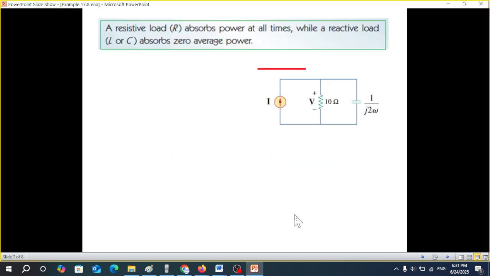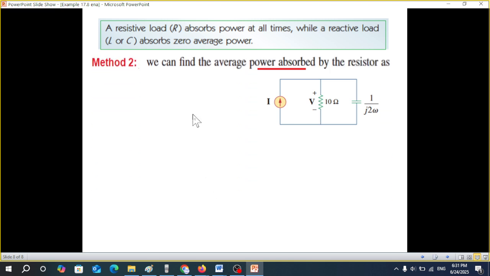And now the easiest method is if you find the power absorbed. The resistive load absorbs power at all times, while the reactive load, L or C, absorbs zero average power. We have to keep this in mind. We need to only calculate the power absorbed by the resistor. We can find average power absorbed by the resistor by the following formula. DC, V square over R is the power.